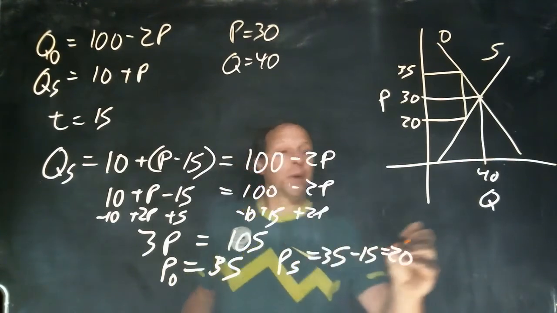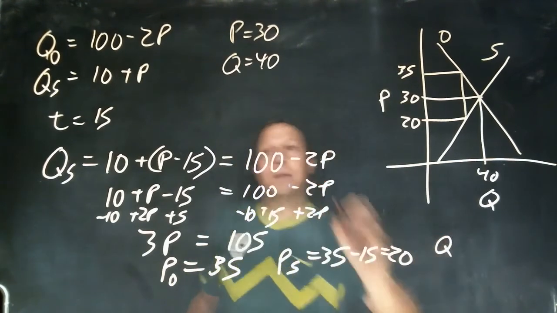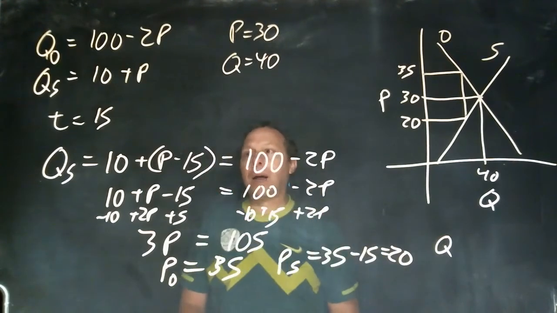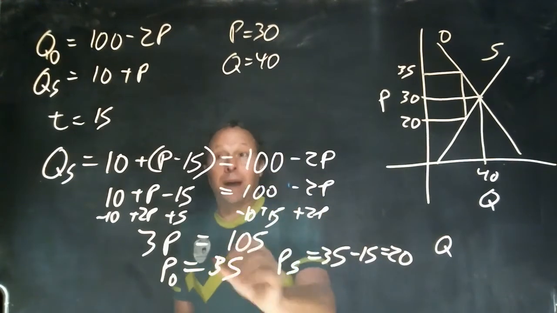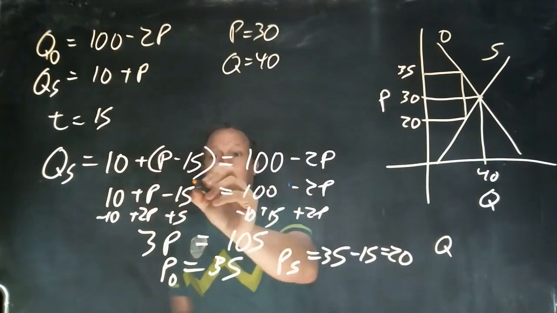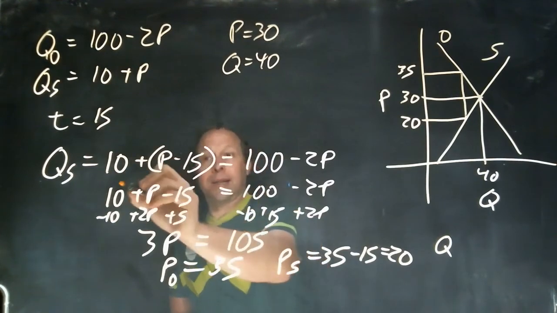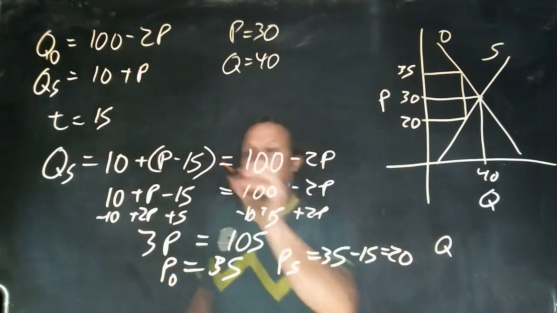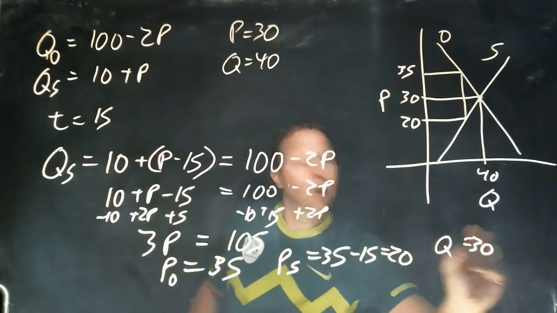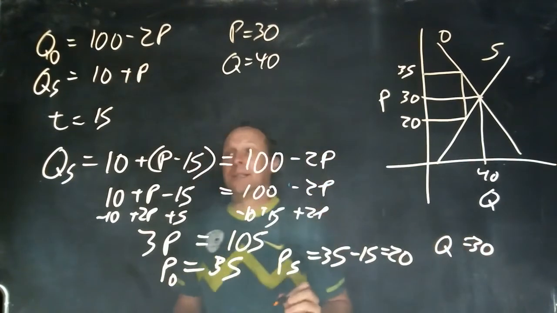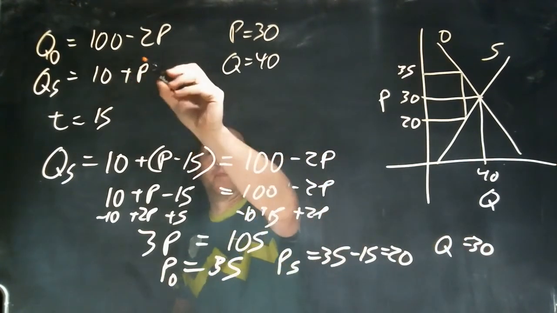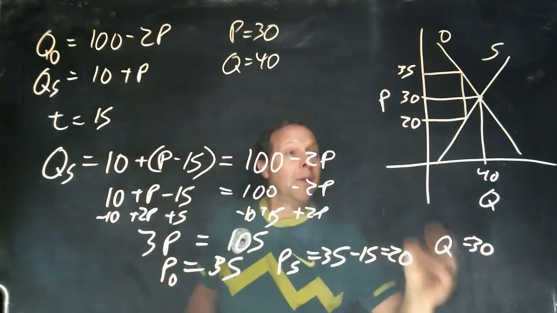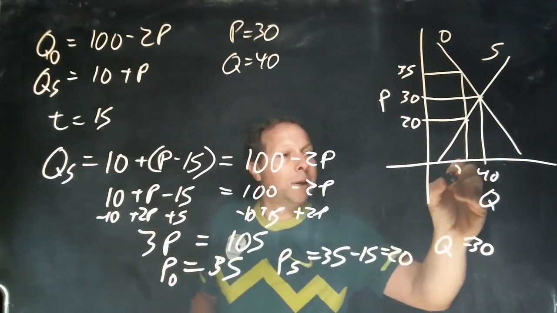If we want to figure out what the quantity here is, then we can plug this $35 into what the suppliers get, right, 10 plus 35 minus 15, or 30, or we can plug $35 into what demanders pay. 100 minus 2 times 35 is 100 minus 70 is 30. So our equilibrium here is 30.